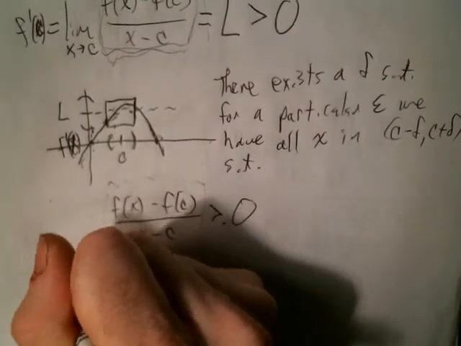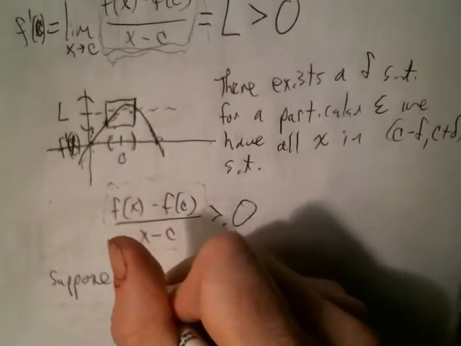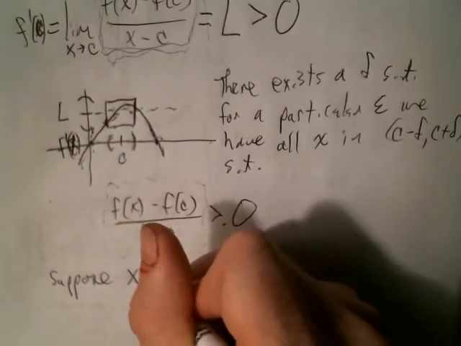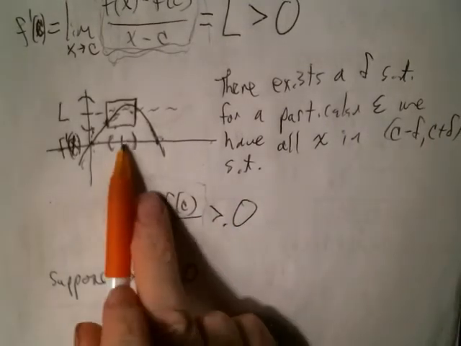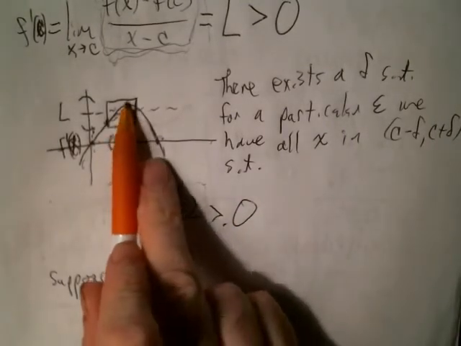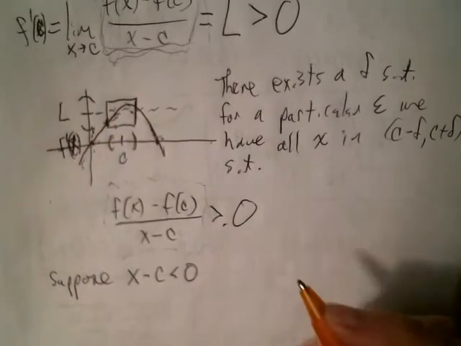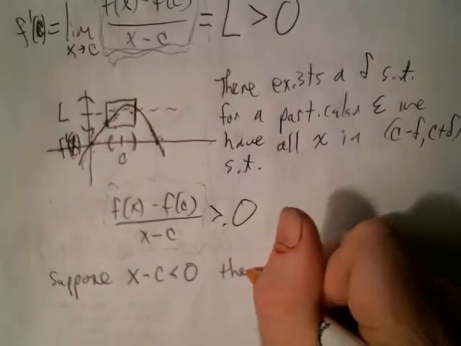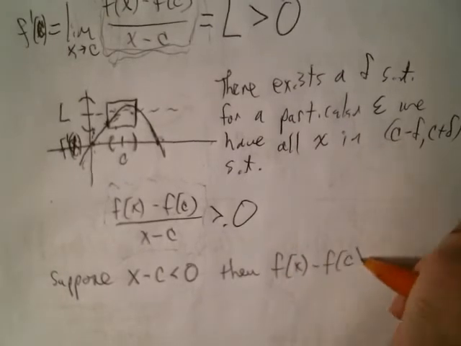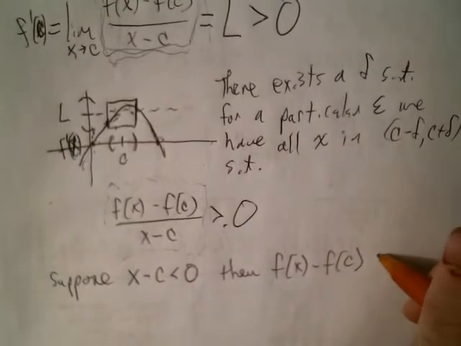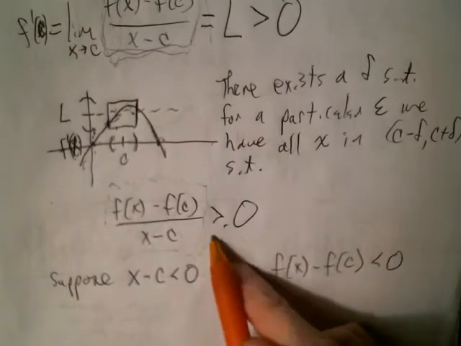Basically, suppose x minus c is less than 0. In other words, you're to the left of c. And in those cases, f of x minus f of c needs to be also less than 0 for this inequality to hold.